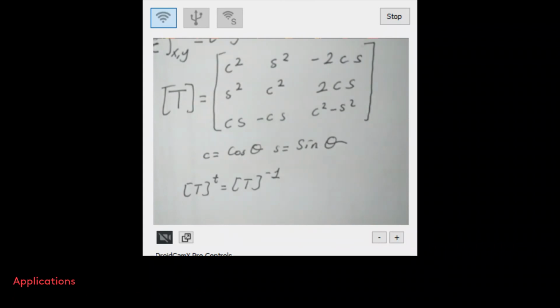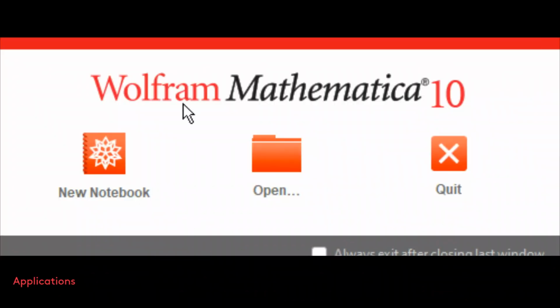Now let's use Mathematica in order to solve the problem.